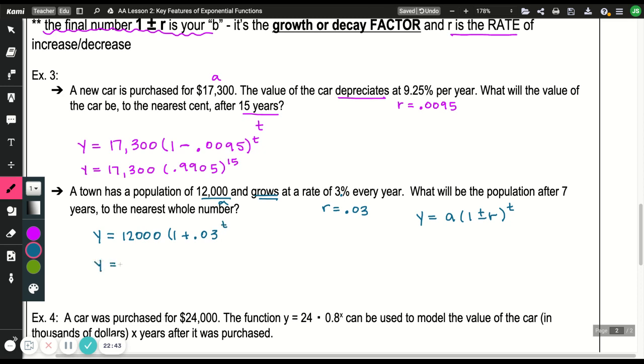So if I simplify that, 12,000 times 1.03 to the t. T stands for time. How many years? It was after 7 years. Let's see if I can do this one. So y equals 14,579 to the nearest whole number.